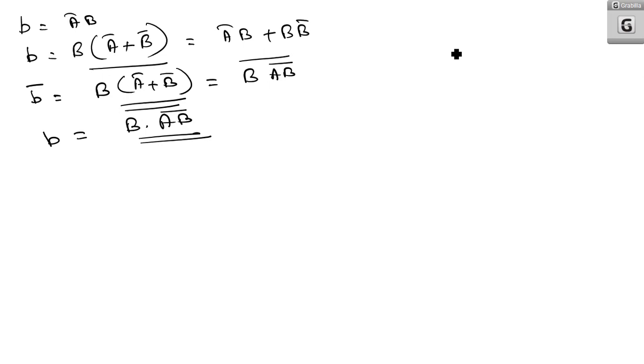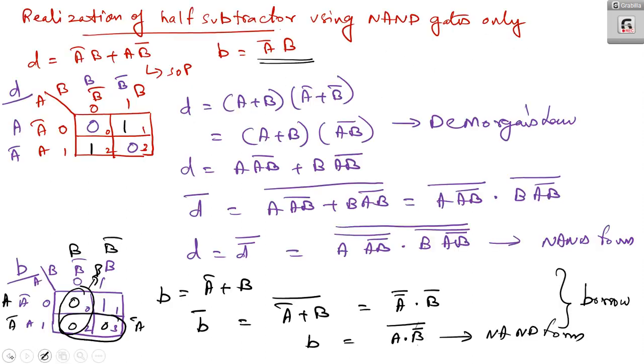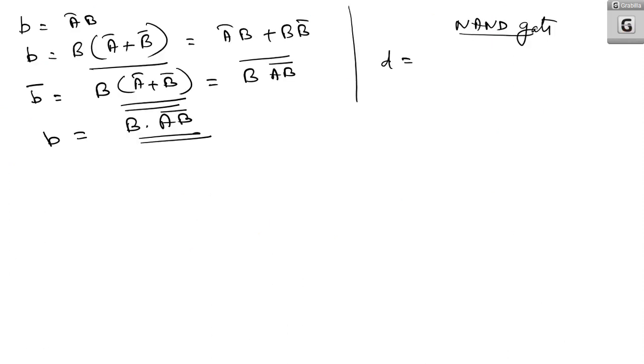So to realize half subtractor using NAND gate, this difference I am getting it as, what is difference? Difference is A dot AB bar, AB bar the whole bar dot B AB bar the whole bar and bar of it.